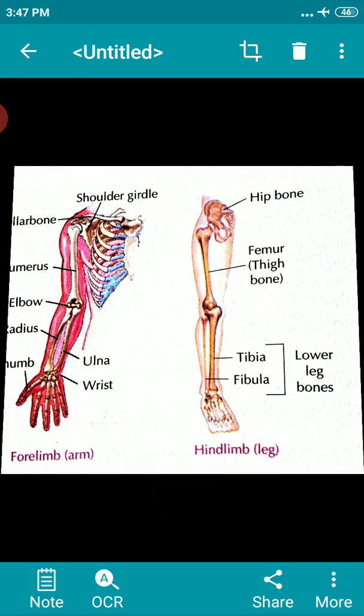Our arms and legs form our two pairs of limbs. The upper limbs help us to do many things such as holding and moving things. The lower limbs help us to perform activities such as walking and running. Femur or the thigh bone is the longest bone in the human body.